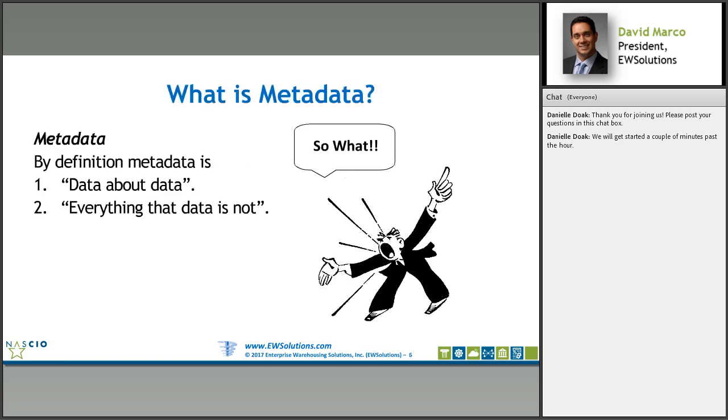Let's look at some basic fundamentals of metadata management. It's interesting. We hear all kinds of different definitions on metadata. The most classic one, the one we've probably read the most, is that it's data about data. And I remember when I first started working in this field, and I read that definition, and I thought, okay, data about data.